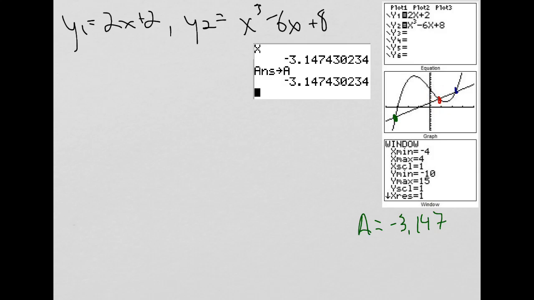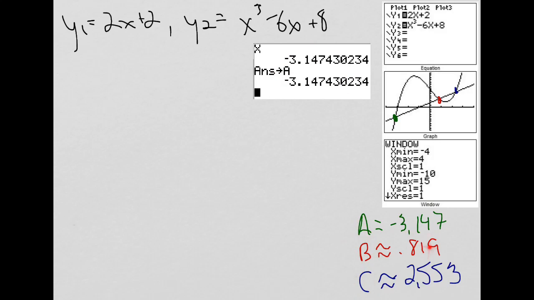The red one, I'm going to store as B, and B is approximately 0.819. Then my blue intersection, the x value, C, is approximately 2.553. I would have done this process with each of these.